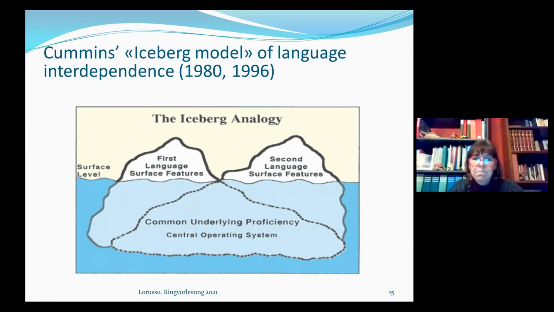We refer to the very well-known iceberg model of language interdependence, knowing that there is a common underlying proficiency of the various languages that a person can speak, and the languages appear over the surface with their specific surface language features, which are more diverse than the common basis, which is hidden beneath the surface.